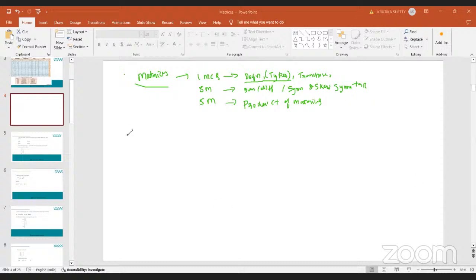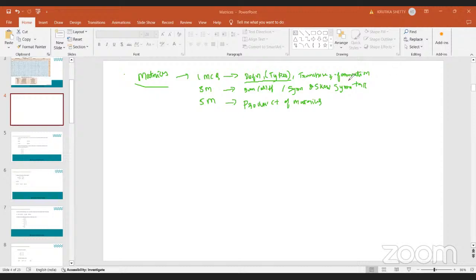Just try to note it down. One MCQ you may get from definitions or types of matrices. Then a transpose of a matrix, there is a chance of another MCQ. And another MCQ may occur from the formation of a matrix, that is, how a matrix is formed.